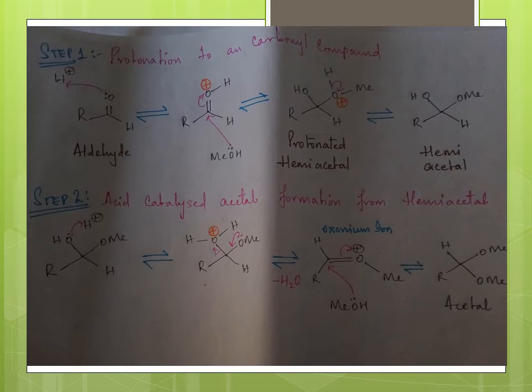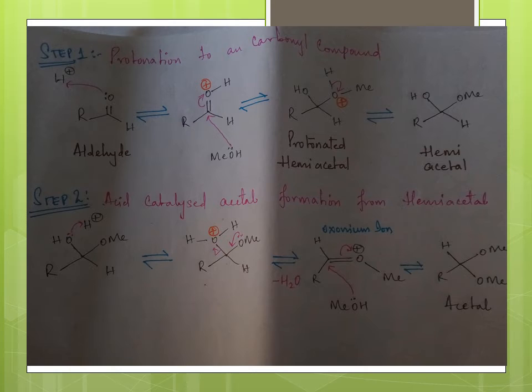On the right hand side you have OMe. That OMe oxygen has a lone pair of electrons which will shift and make a double bond, and meanwhile dehydration takes place, the removal of water, leading to the formation of the oxonium ion again.